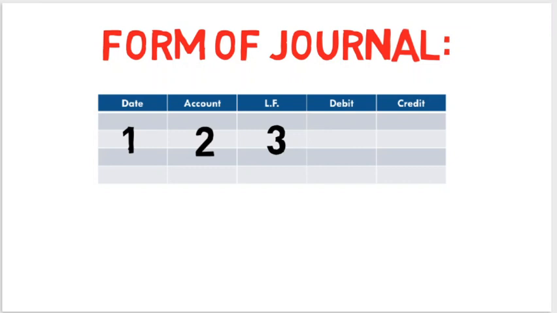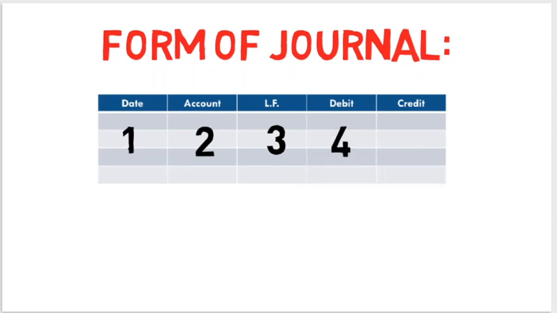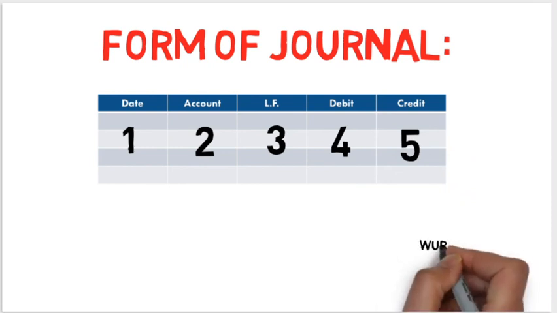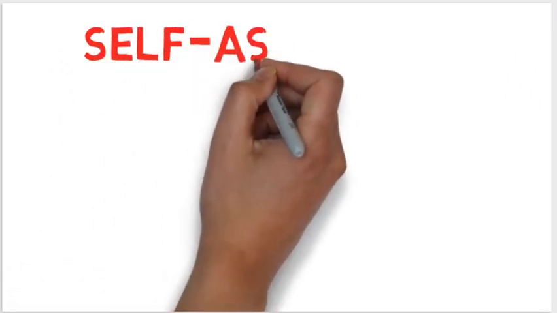Third column is meant for noting the number of the page of the ledger on which the particular account appears in that book. Fourth column shows the amount to be debited to the account name. Fifth column shows the amount to be credited to the account stated. So now let's have exercise.